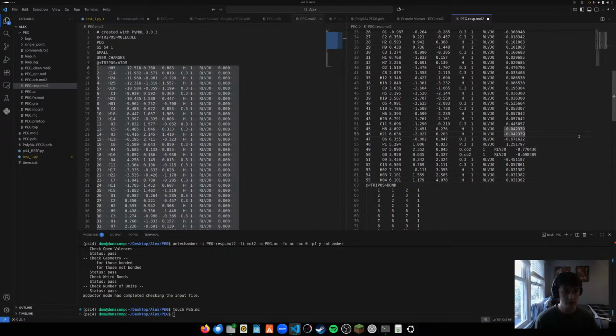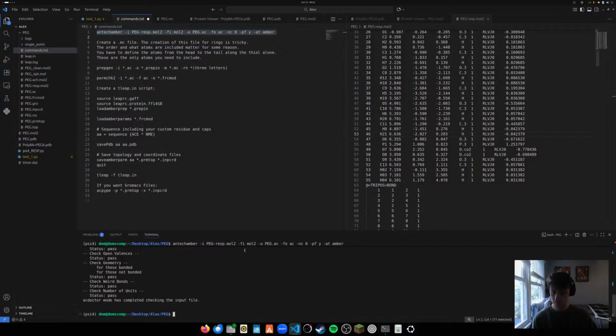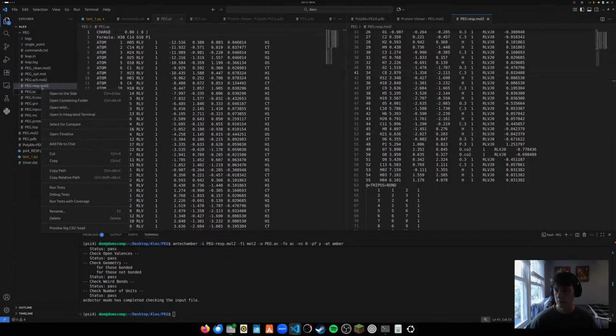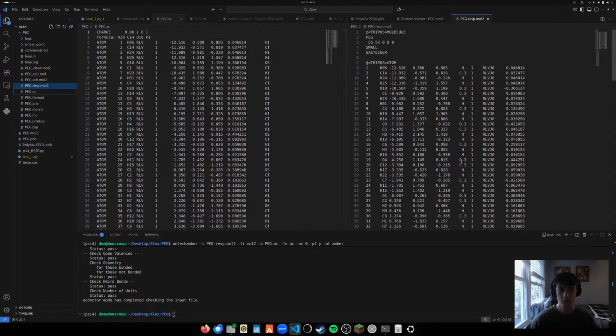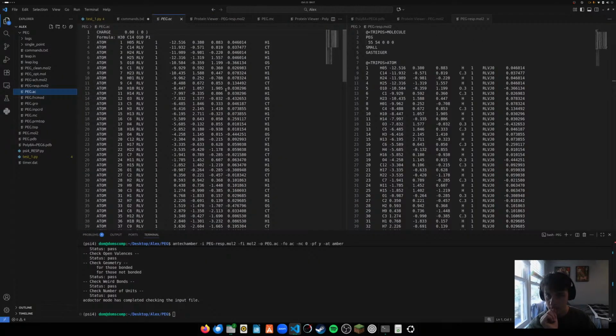Hopefully that works out. We'll see. Okay, looks like it did. So, and then let's see if the RESP multi charge is carried over. And then do we have our names? Yep, O9, so that's good. And it should be in the .ac file. Yeah, they're named right.